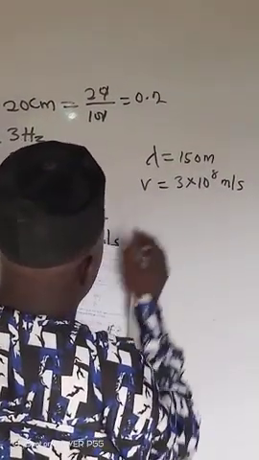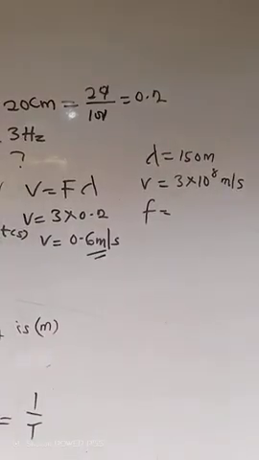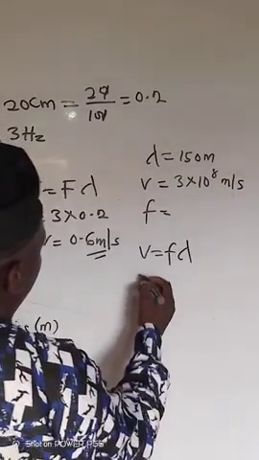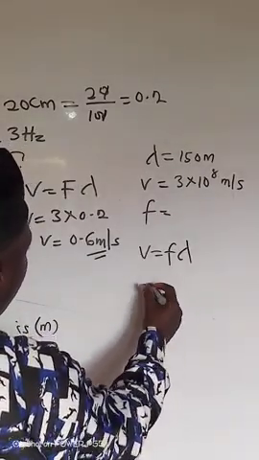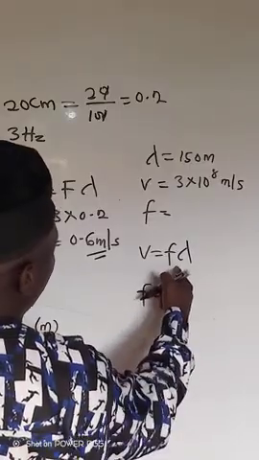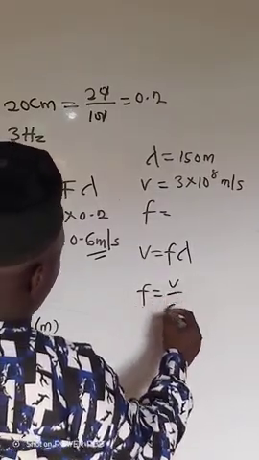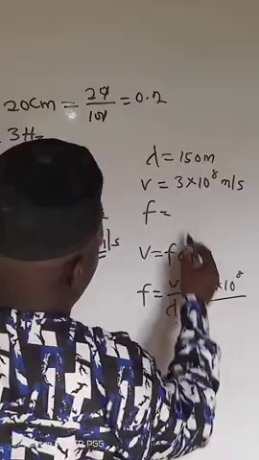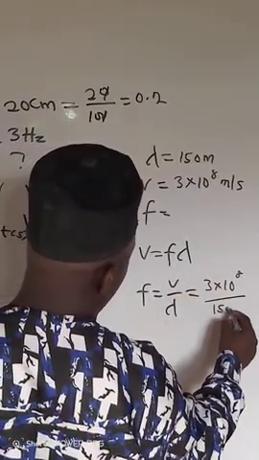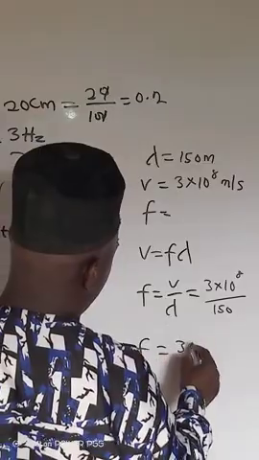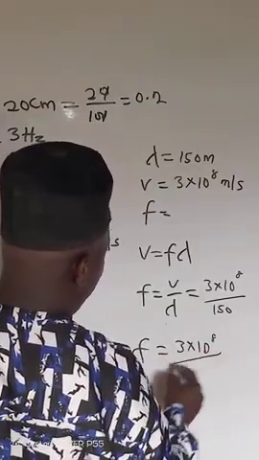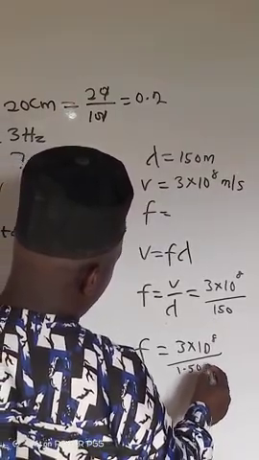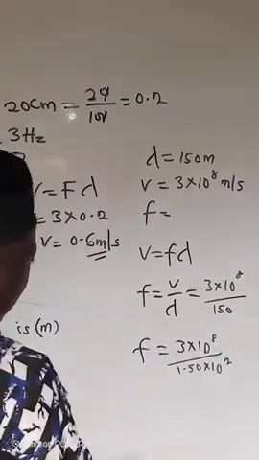Then the question asks, what is the frequency? To calculate the frequency, what is our formula? Velocity is equal to frequency times lambda. If you make frequency the subject of the formula, it will be velocity over lambda. What's our velocity? 3 times 10 raised to power 8 divided by 150, which is 1.50 times 10 raised to power 2.